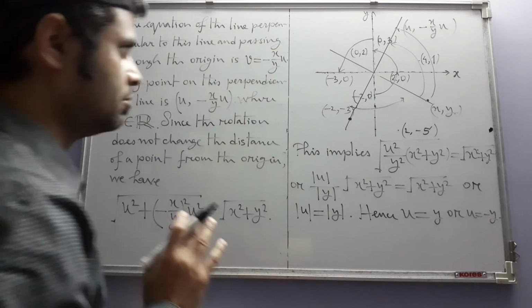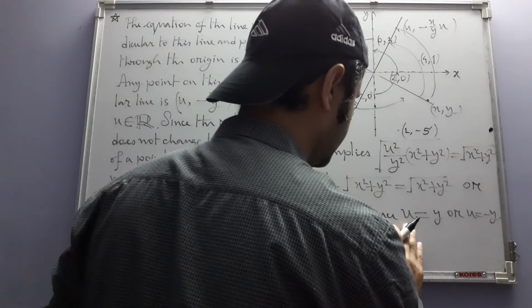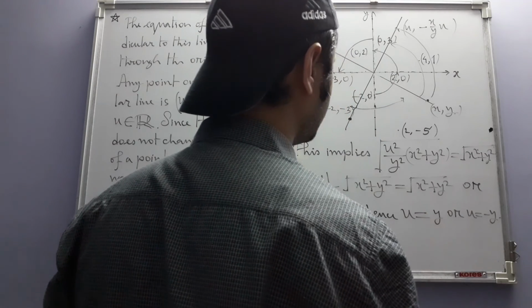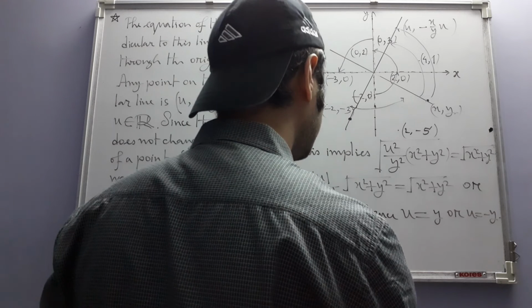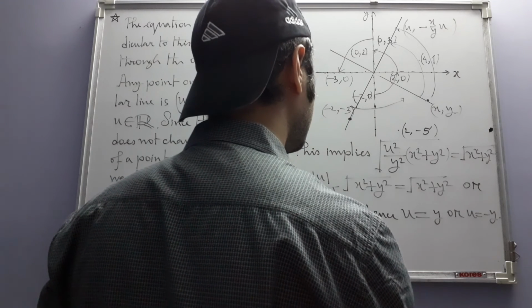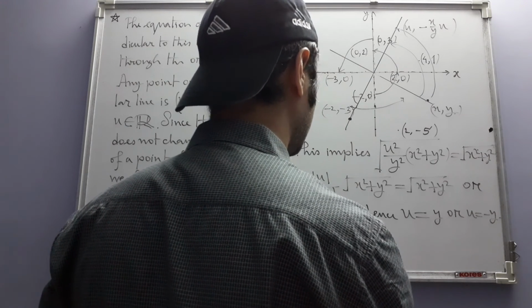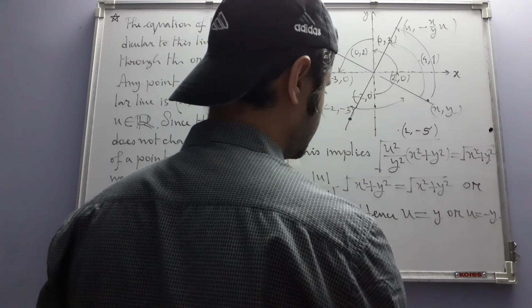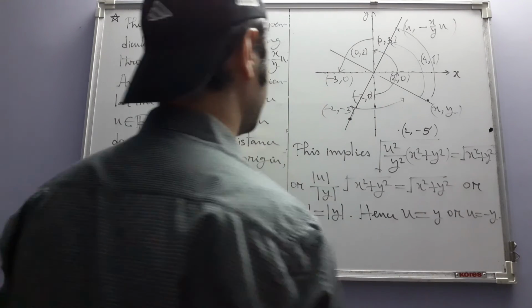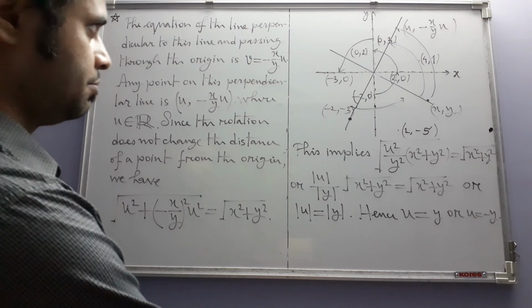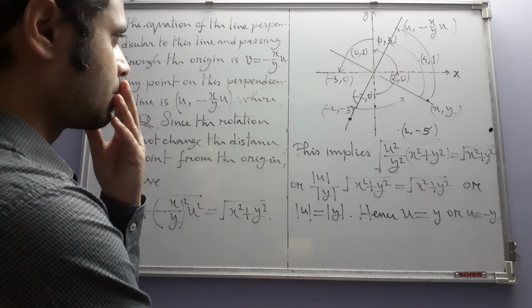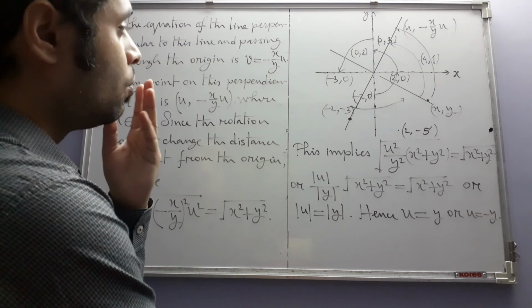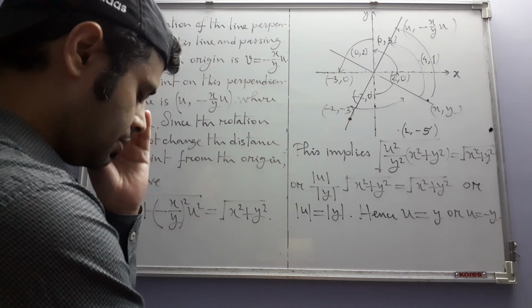I can't seem to remember what I did here to rule out one of them. For x comma y and minus y comma x, it seems like u should be equal to minus y, and u equal to y gives us a sort of contradiction. Oh, okay.